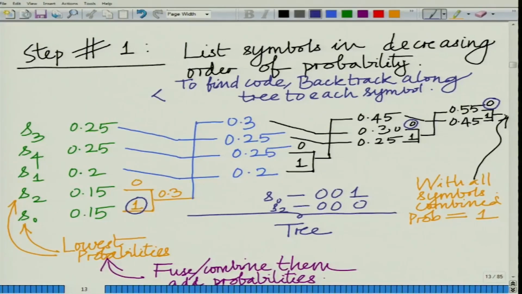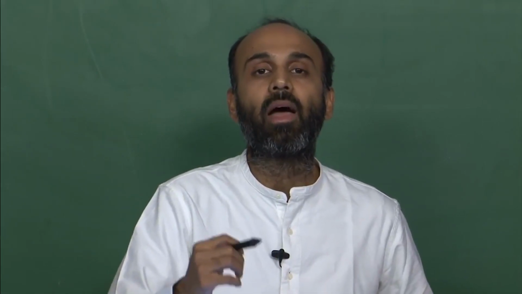So basically by backtracking, looking at the path and looking at the bits on the path, that eventually leads to it. So what we are doing is we are backtracking, starting from this effective fused symbol which is probability 1, backtracking the route or the path along this Huffman tree, to each symbol, and along the way we are collecting all the bits that we are observing on the various branches, and that basically forms the code word for that particular symbol.